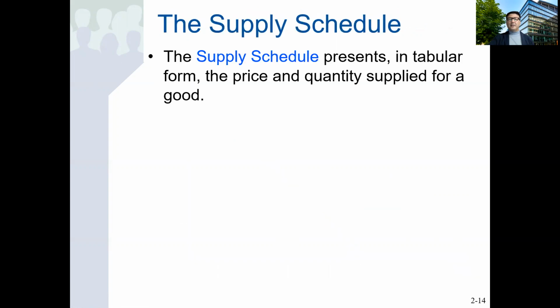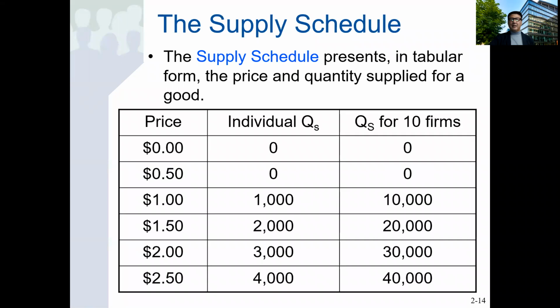Okay, so there's a supply side, the people who are making the orange juice. The supply schedule presents in tabular form the price and quantity supplied for goods. This is a supply schedule, as the price of goods being sold.